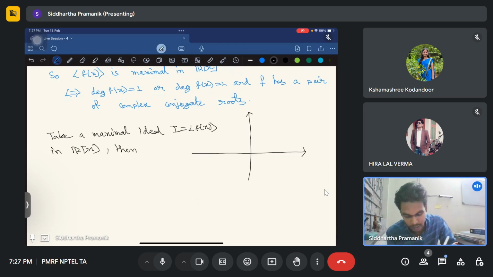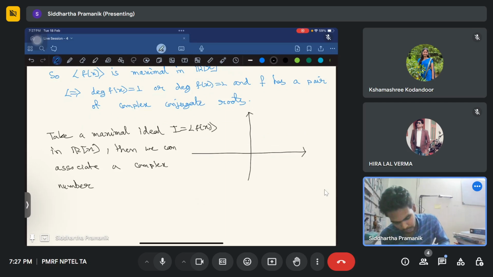How will we associate that? We can associate a complex number that lies in the upper half plane, as follows.